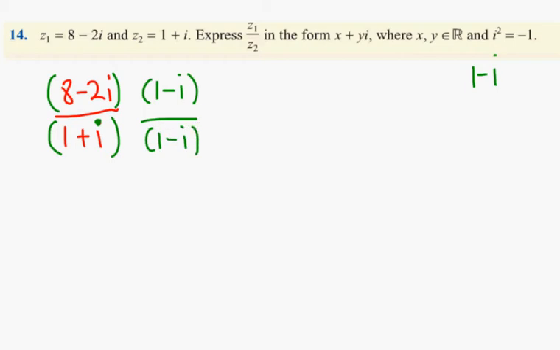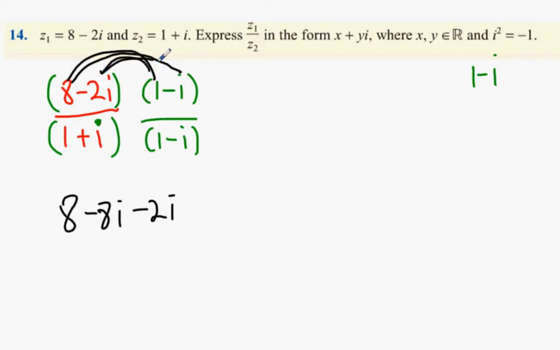Is that alright, guys? Now 8 times 1, 8. 8 times minus i, minus 8i. Minus 2i times 1, minus 2i. Minus 2i times minus i, plus 2i squared.